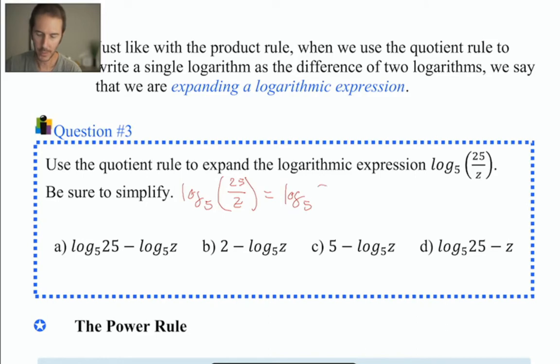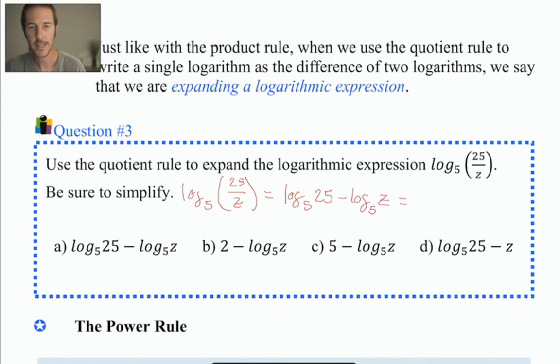So what I'm going to put here comes from the numerator, which is a 25. Now I'm going to write minus log base 5, and since it leads with a minus sign, what goes in as its argument is the thing from the denominator, which in this case is a z.